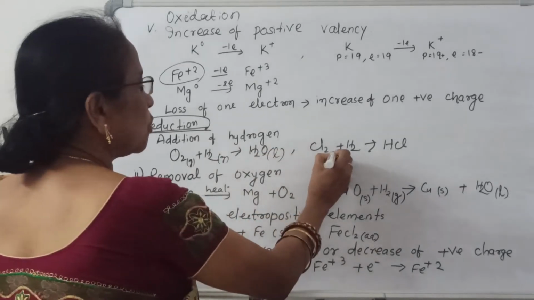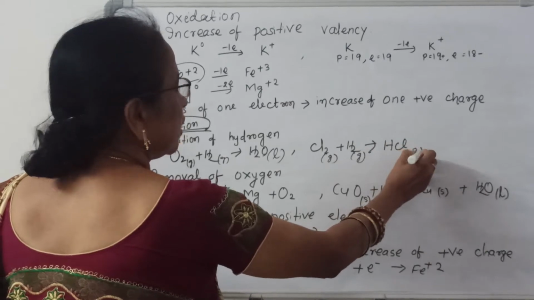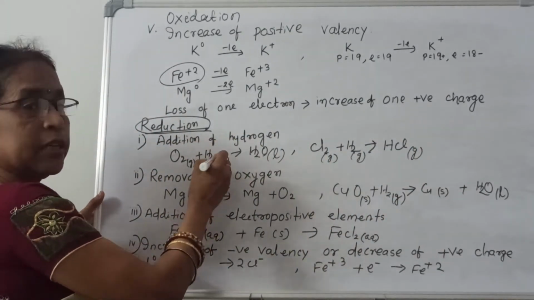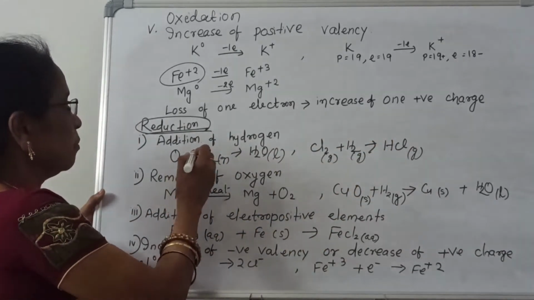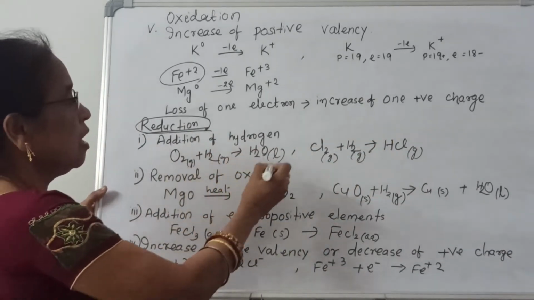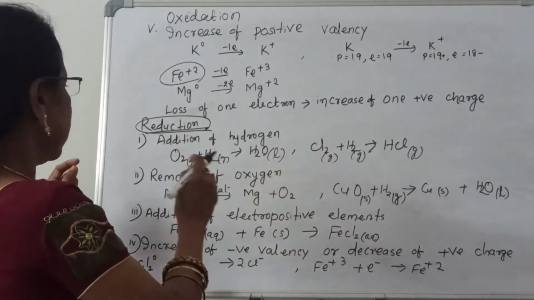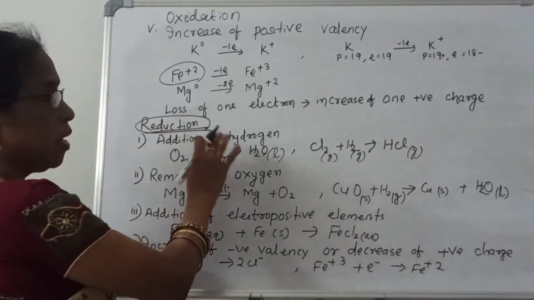Similarly, chlorine is gas, hydrogen is gas, and that is also gas. That means you can observe addition of hydrogen taking place in both reactions. Oxygen plus hydrogen gives water, chlorine plus hydrogen gives hydrochloric acid. This is the main important point for reduction.